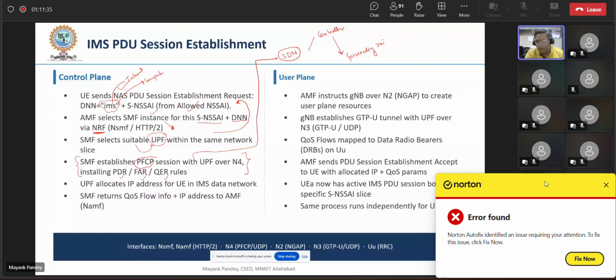So SMF is a controller and it is installing these PDR, FAR, and QER rules using this protocol. In an SDN, we use P4 Runtime or OpenFlow. These are the protocols to install the rules. Here again, on the same lines, SMF is a controller which is installing the rules using PFCP. What is PFCP? Let me explain it.